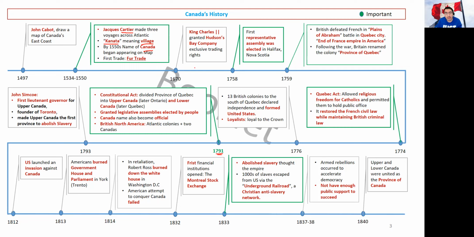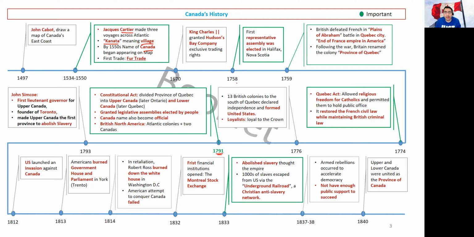In 1670, King Charles II granted Hudson Bay Company, the first company in Canada and a very famous company, exclusive trading rights. This made a lot of problems with Aboriginal people because the company was competing with them in their own trade and their own income, which comes from the fur trade.